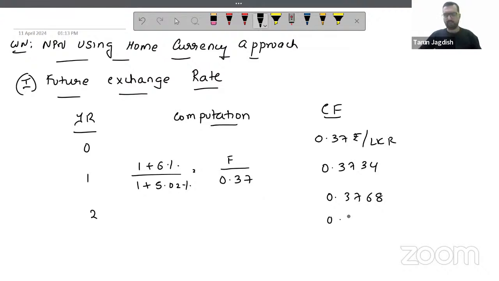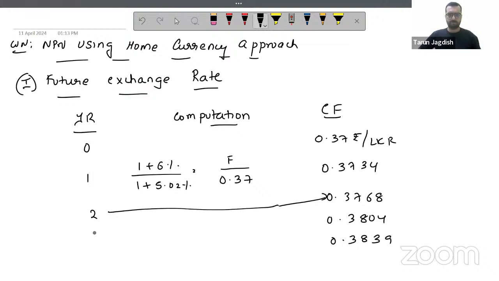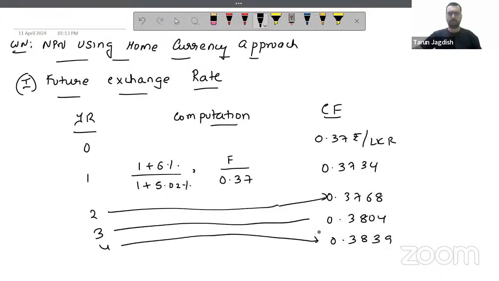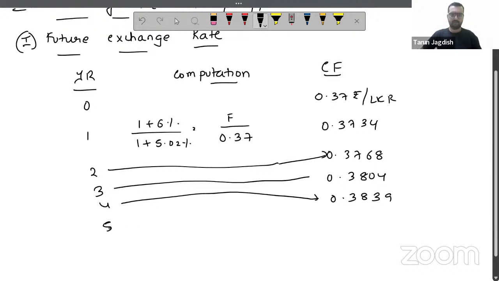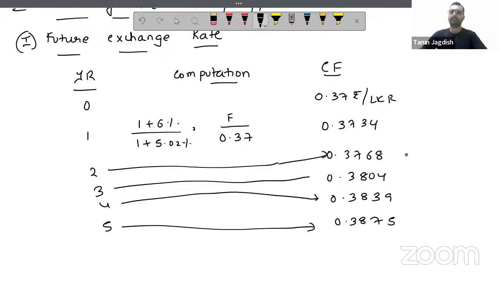Next year 0.3804. Next year 0.3839. So this is year 2, year 3, year 4. We need one more year. Year 5, 0.3875.